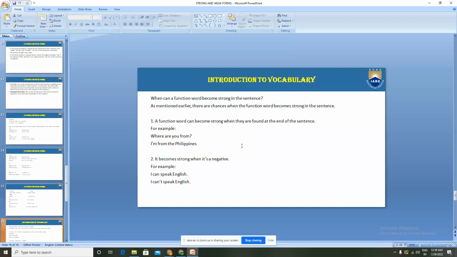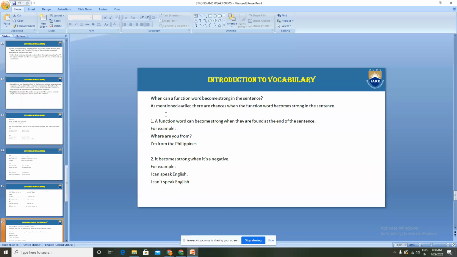When can a function word become strong in a sentence? A function word becomes strong in a sentence if it is at the end of the sentence. Also if it is in the negative form of auxiliaries, it becomes strong.